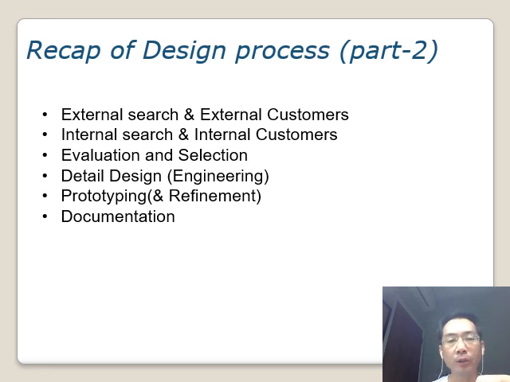Okay, so the documentation part is quite important. From here we define the product requirements. We define the product properties. We also need to deal with legal documents, the potential legal issues. That's why we need to have a whole process like this.